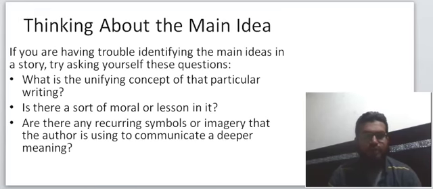The third question, are there any recurring symbols or imagery that the author is using to communicate a deeper meaning? Now this question is applicable especially when you are reading a long piece of writing.